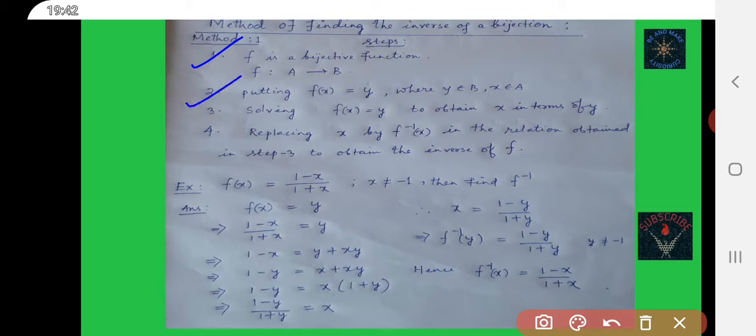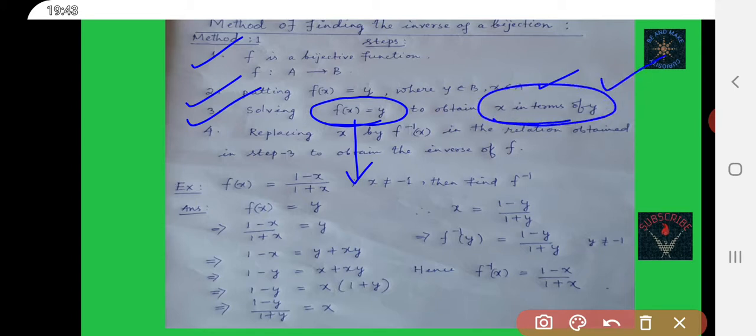So we go to the second step: you write f of x equal to y, where y belongs to B and x belongs to A. Now you solve this equation and write x in terms of y.